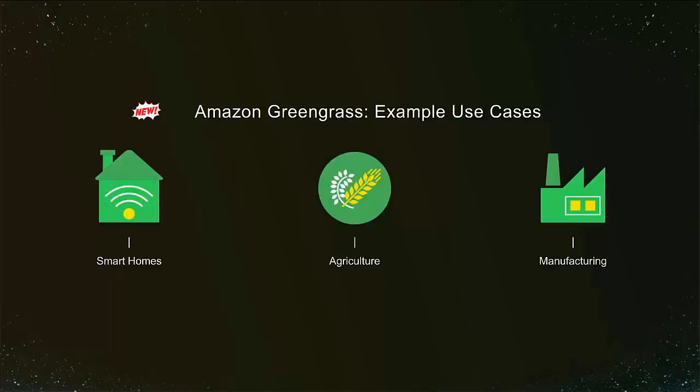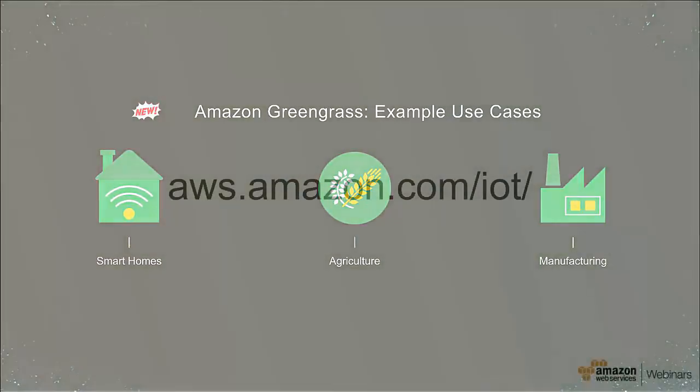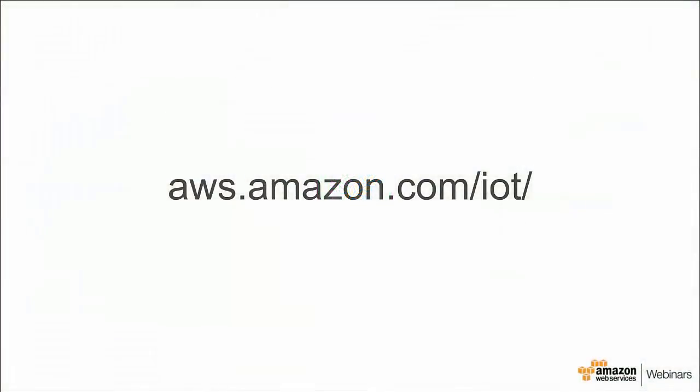I am aware of several customers, even here in Europe, that we're working with on preview activities at the moment, and we would love to have more customers, more use cases, and a better understanding of how customers could potentially deploy this service and make use of it. So if you are in that situation, please let us know, talk to us, and let's see how we can collaborate and get Greengrass into your organization in preview and establish whether or not you can make use of the product. Okay, so that's all the content for this session.